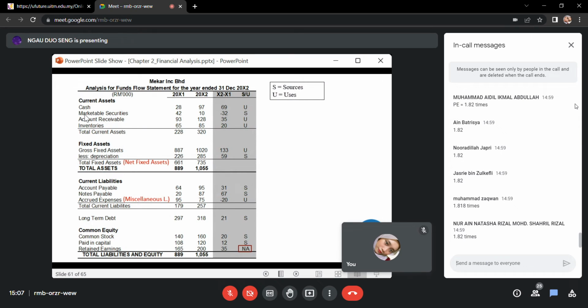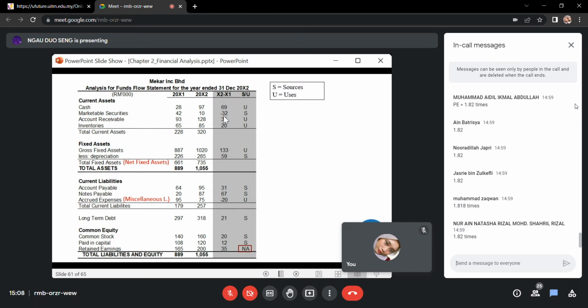So first thing, cash 28 increases to 97. This difference we subtract, so 97 minus 28 is 69. Right? Okay. Alright, then marketable securities, we have negative, ending year minus beginning year. 10 minus 42 is negative.